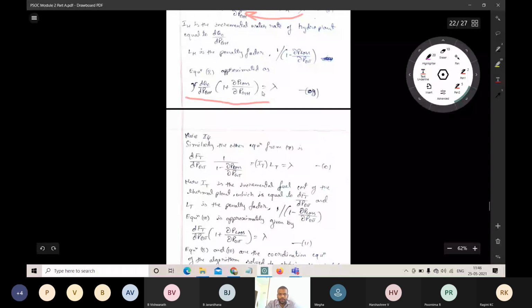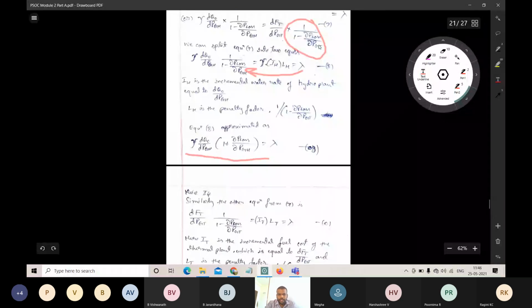From this equation we can write dFT by dPgt into 1 by 1 minus dou P loss by dou Pgt, that equals IT LT. Here I have taken this one. First I am going to consider two parts: this is the first part and this is the second part.